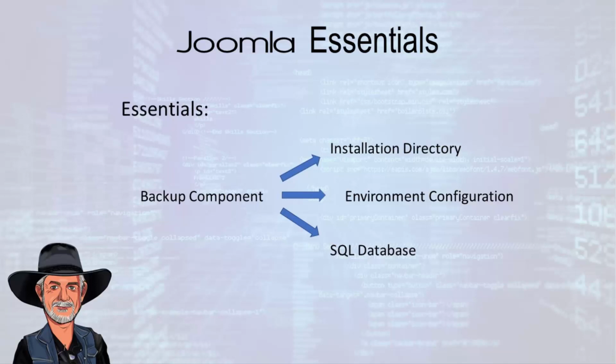So you can literally take the files in the root of the installation and zip up the whole thing and download it. But you don't have all the information that you need to restore the backup unless you also include a copy of the SQL database. And you also want to make sure that you have the environment configuration, because without the two, you're not going to get it installed again.